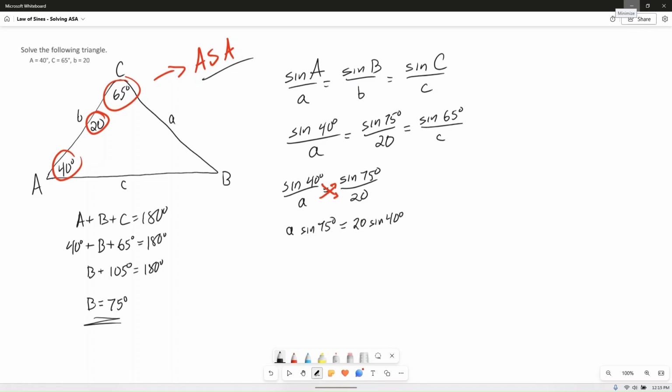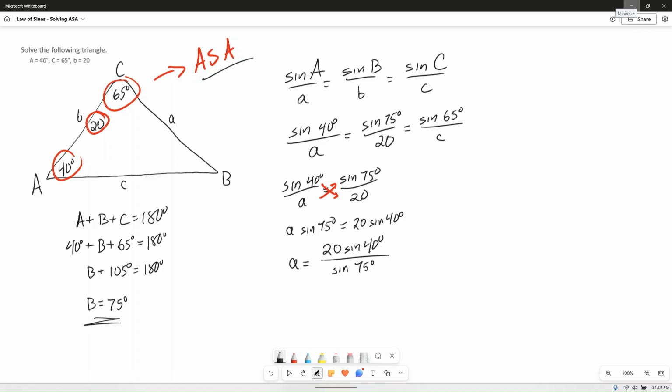We want to isolate A, so we're going to divide by the sine of 75. So A is equal to 20 times the sine of 40 degrees over the sine of 75 degrees. That's something we can just go to our calculator or other form of technology and compute.